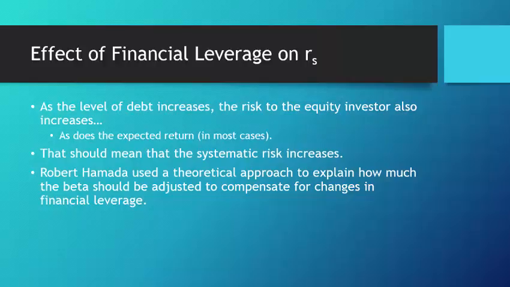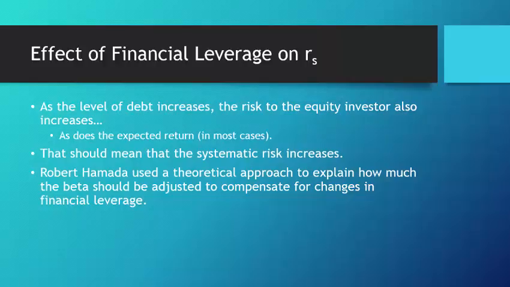And there was a researcher back in, I think it was the 60s, or I think it was actually the 1970s, who looked at the underlying theory of the capital asset pricing model and derived algebraically how to adjust the required return to the equity investors based on different levels of debt.